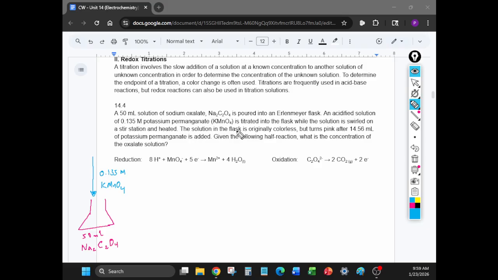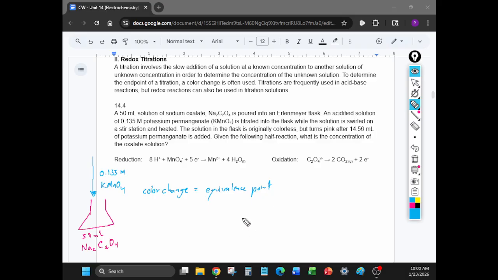And then it tells you the solution is originally colorless but turns pink after 14.65 milliliters of potassium permanganate is added. So basically, if you think back to titration from Unit 12, we know that when there is a color change, that is when you are at equivalence point.